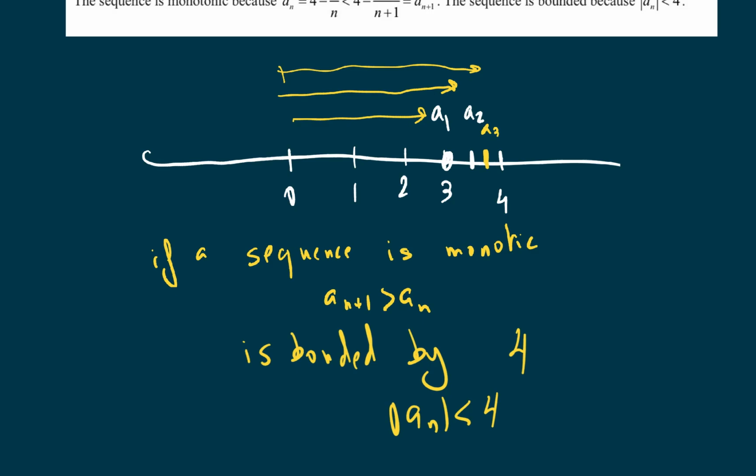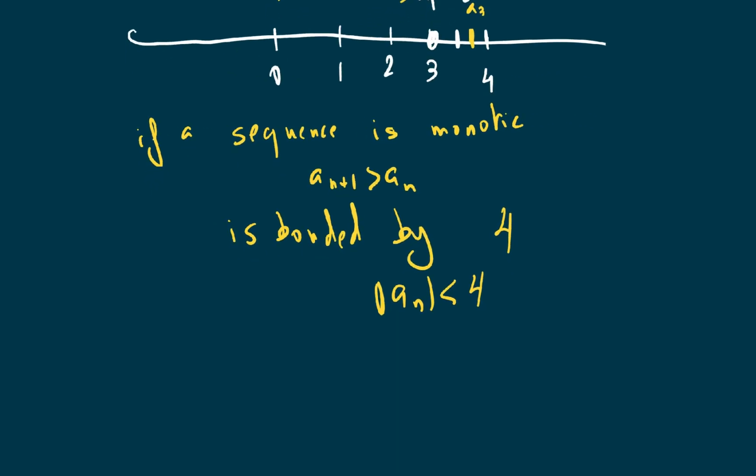So the theorem says when you have a sequence that is monotonic and bounded, then it will converge. a sub n will converge. And here it's clear that it will converge to 4, approaching 4 more and more as n goes to infinity.